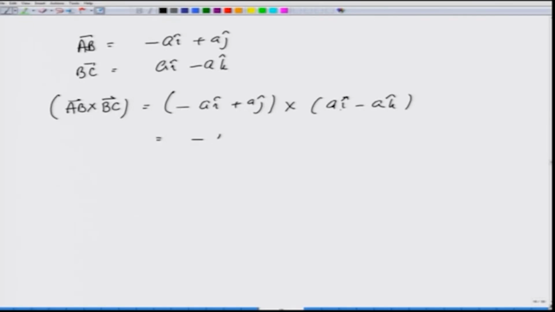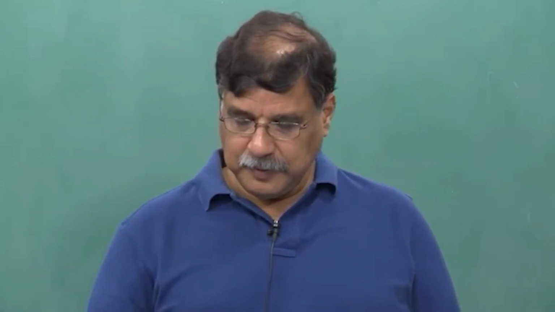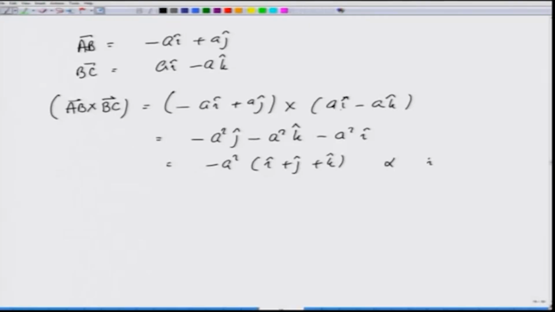So, minus A square j, j cross i is minus k, so minus A square k, and j cross k is i, and therefore, this is minus A square i, which I can write as minus A square into i plus j plus k. So, this vector AB cross BC is proportional to vector i plus j plus k.